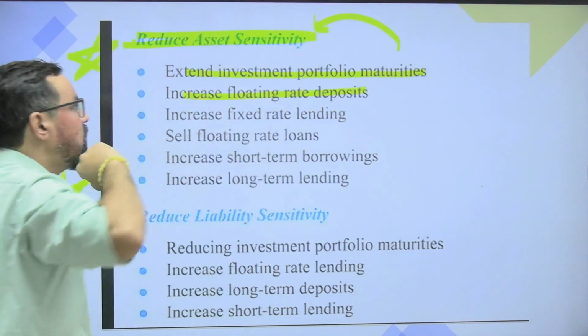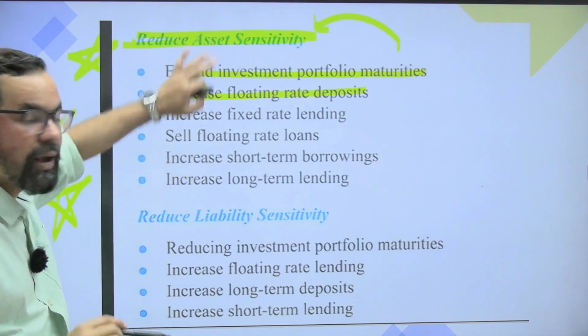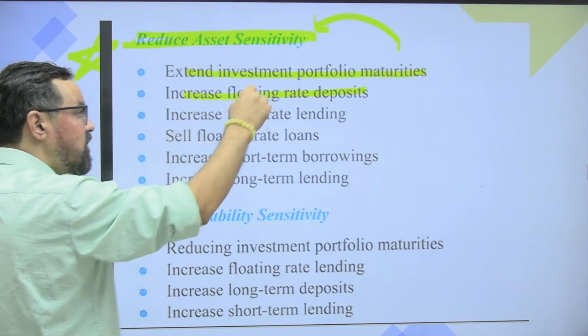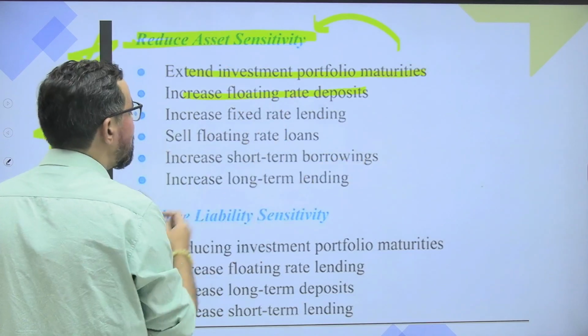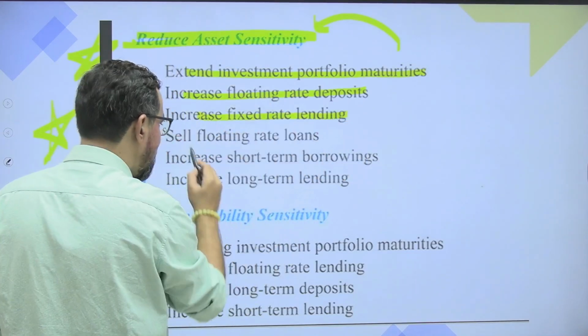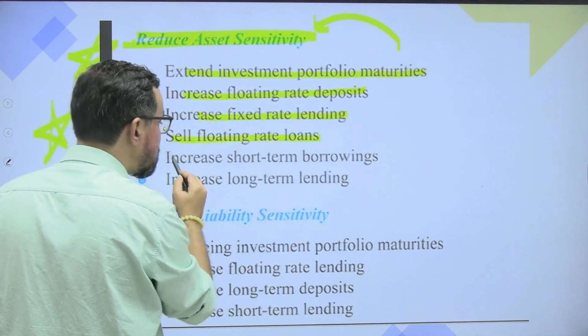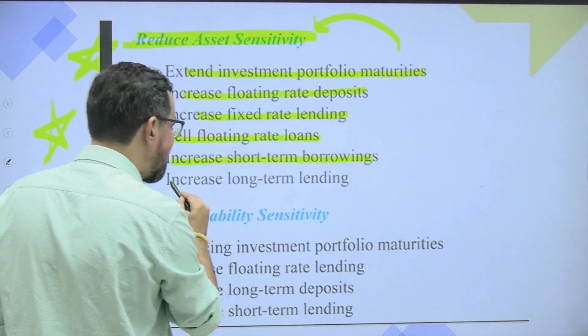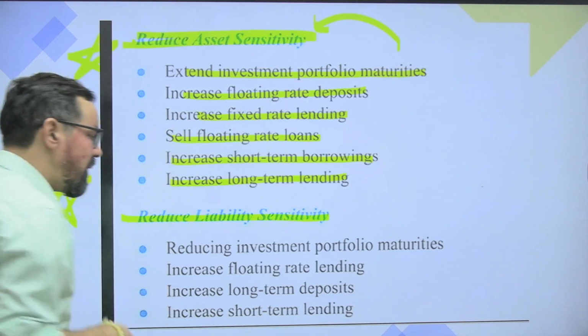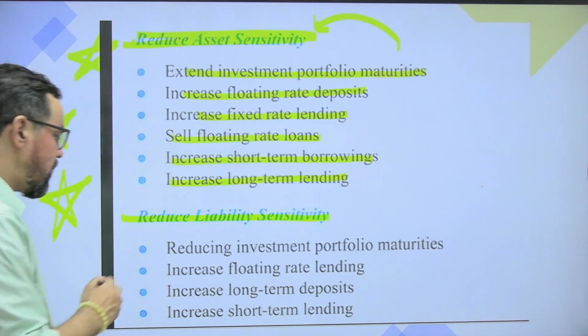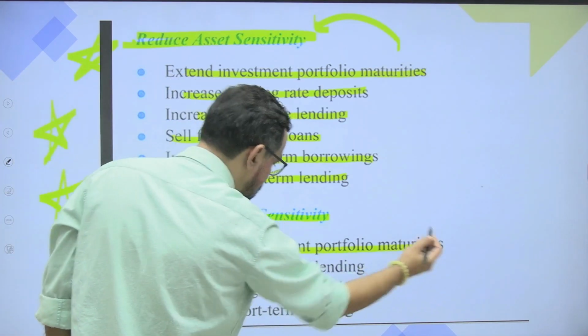To reduce asset sensitivity, what can a bank do? They can extend investment portfolio maturities, increase floating rate deposits, increase fixed rate lending, sell floating rate loans, increase short term borrowings, increase long term lendings. To reduce liability sensitivity, reduce investment portfolio maturities.